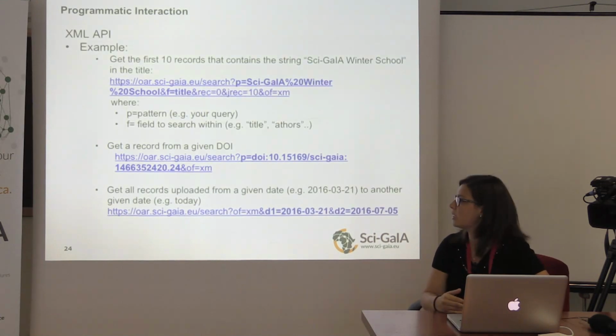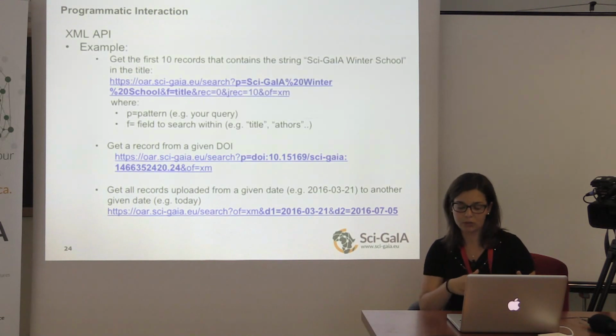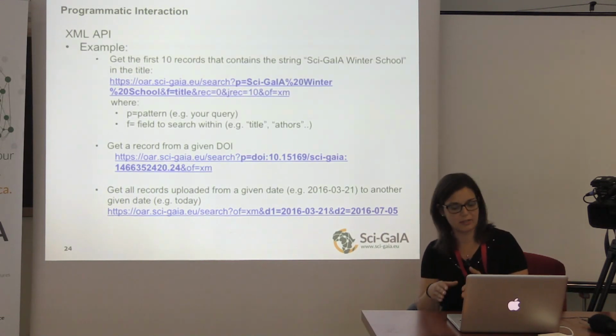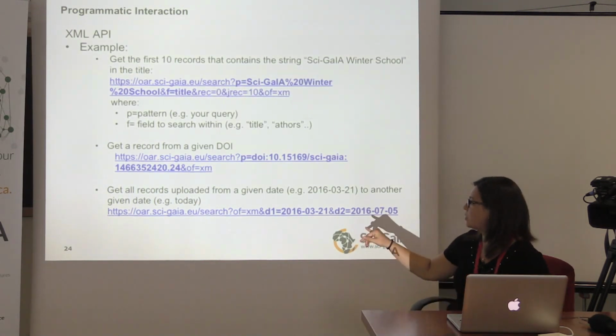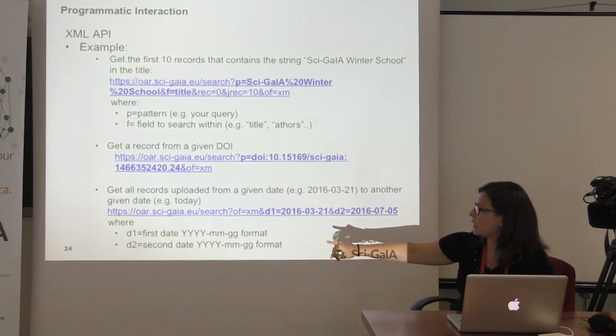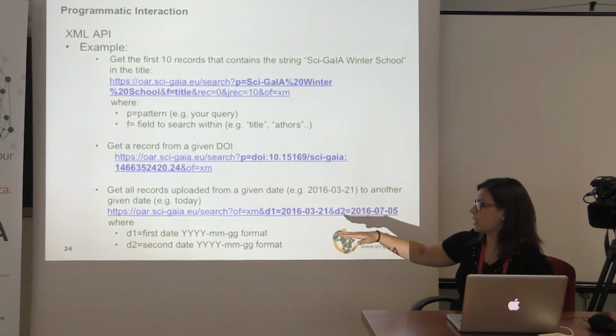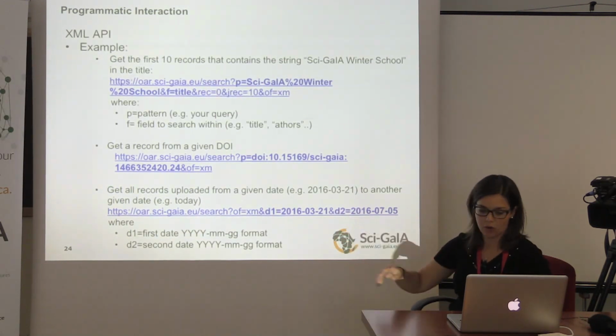Another type of query can be get all records uploaded from a given date to another given date. To do this, you have to use the params D1 and D2 that are the first date and the second date in year, month, day format.